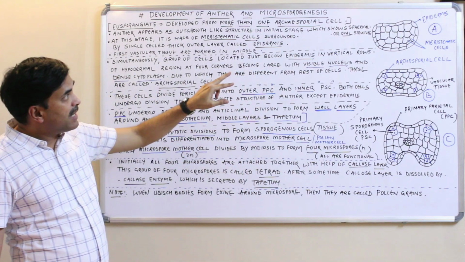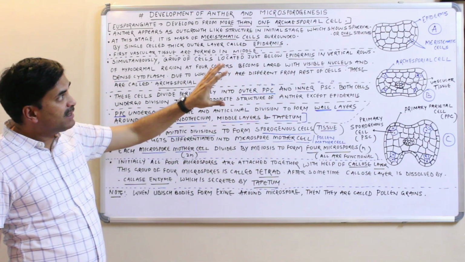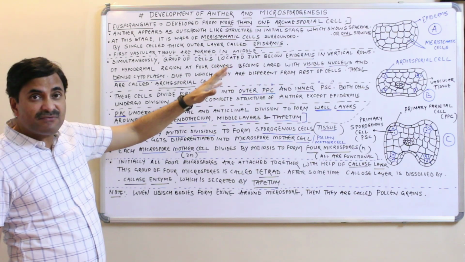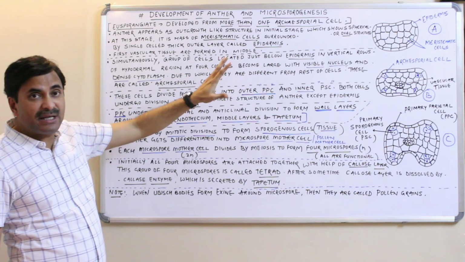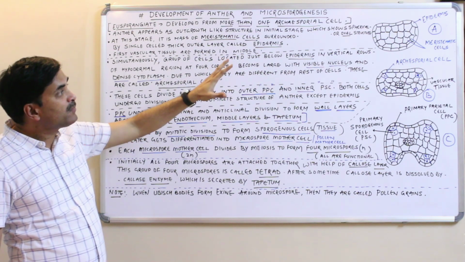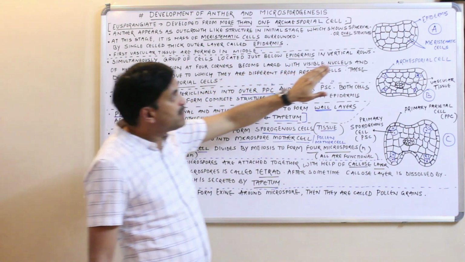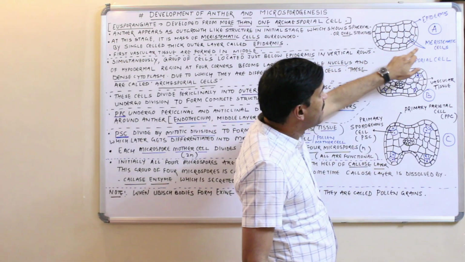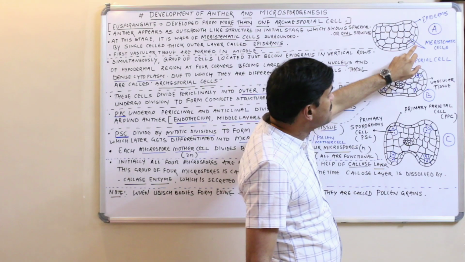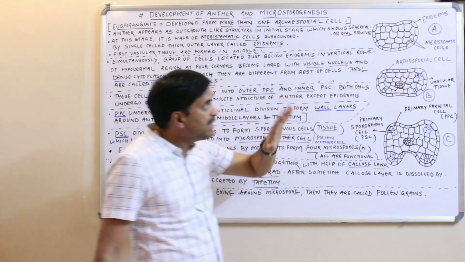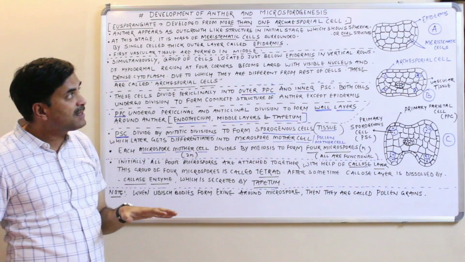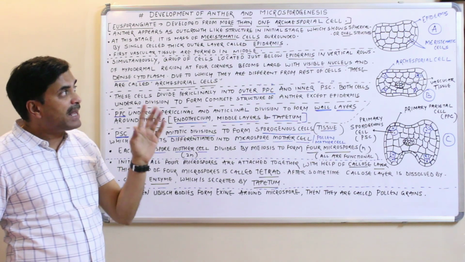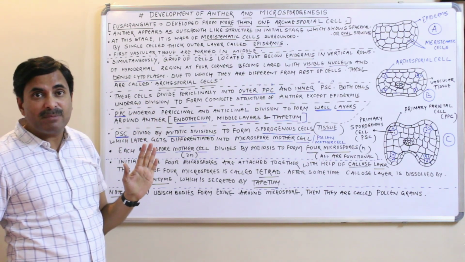In the very first diagram, you are able to see that the anther is a spherical or oval structure, which has a mass of undifferentiated meristematic cells, and it is surrounded by the epidermis.